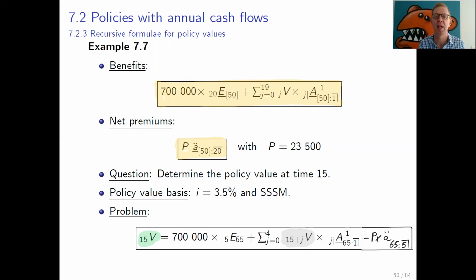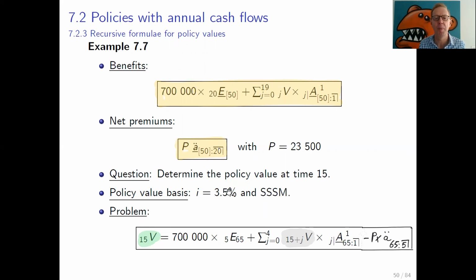To express it in formulas, if the 50-year-old person dies with a deferral period of J years, so if he dies in the year J plus 1, then he will receive the policy value of the beginning of that year, J. And the premiums of that contract are paid for 20 years, constant premiums paid upon survival of the insured, of course, and the premium is 23,500.